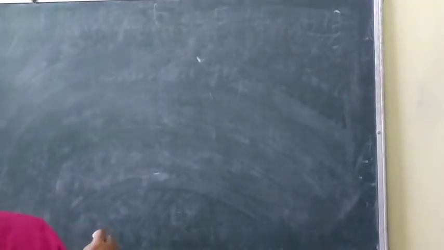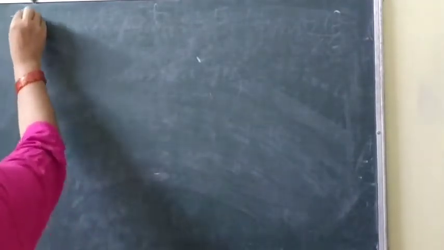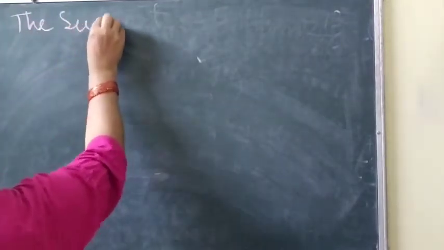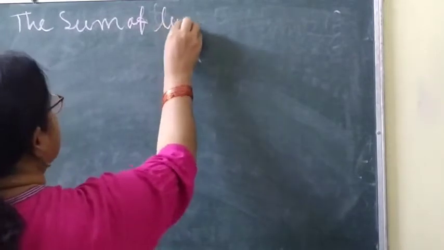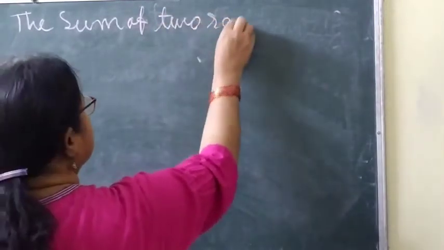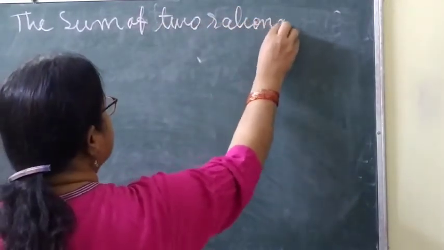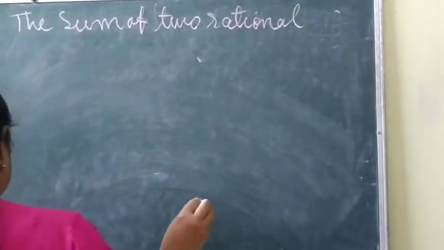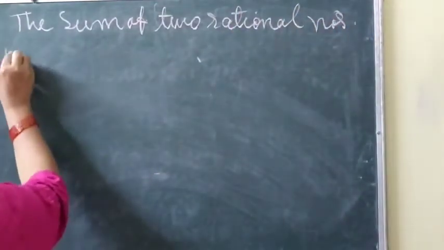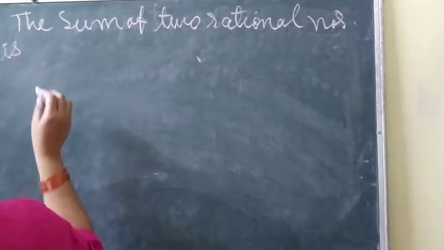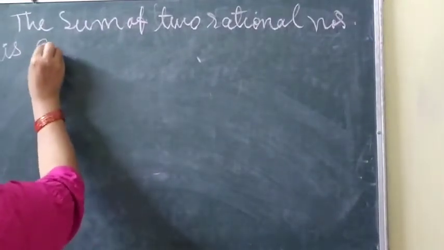The sum of two rational numbers is 9/20.